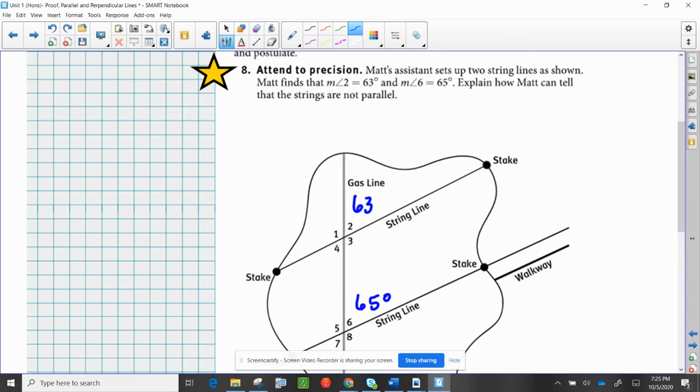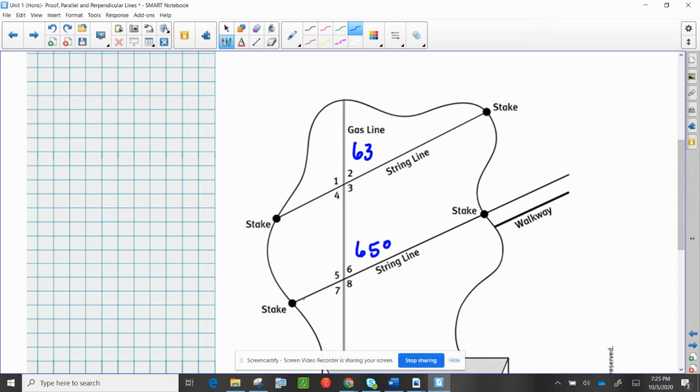We're going to see, does that make our 2 lines here that are through our stakes parallel lines? Let's talk about what kind of angles we have for angle 2 and angle 6. Those are on the same side of the transversal, and they're in the same spot on the line, both above our lines here. So those would be corresponding angles.